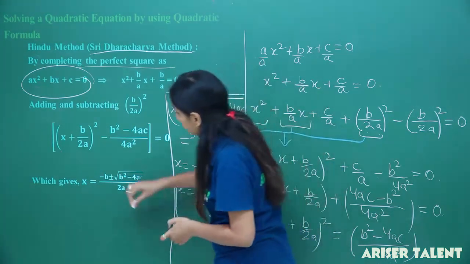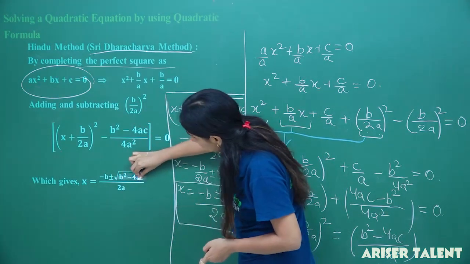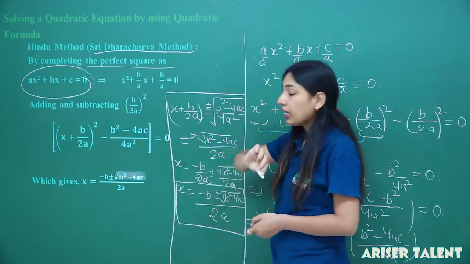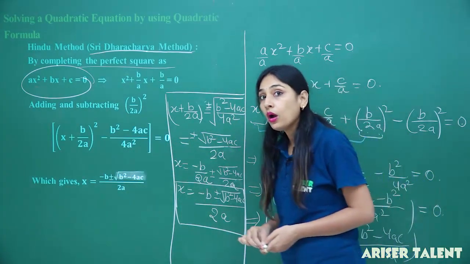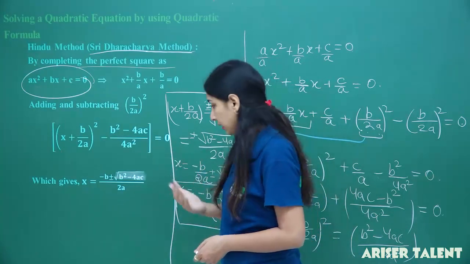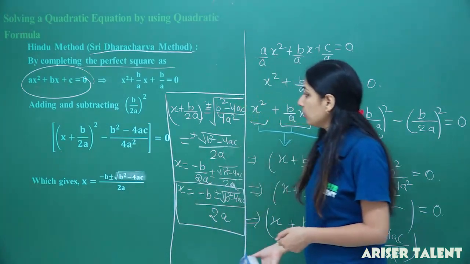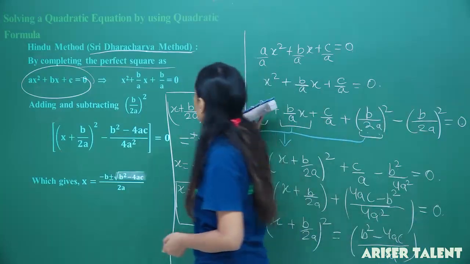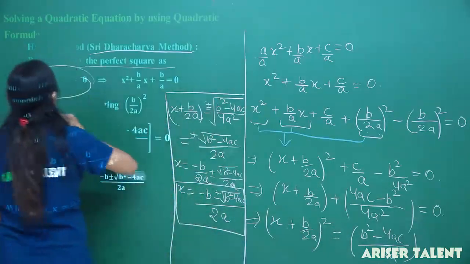Now students, keep this in mind that this particular factor will play an important role. How? I will tell you in the later slides. Okay, so note this if you want to note it, right?